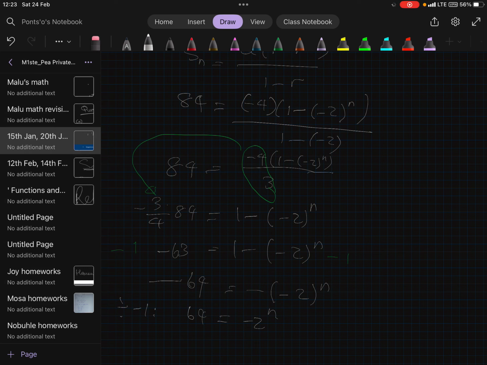Negative 2 to the n. So, okay, if we raise negative numbers to an even power, we get a positive number, not an odd power. We can just factorize the 64. How many times do you have to multiply 2 by itself to get to 64?